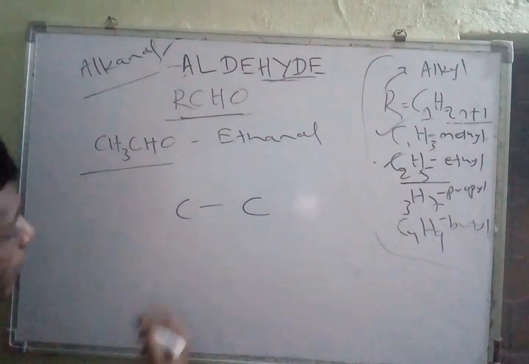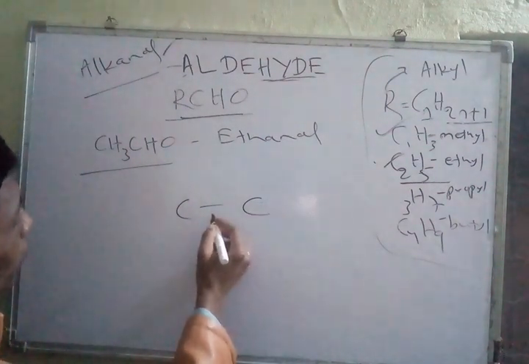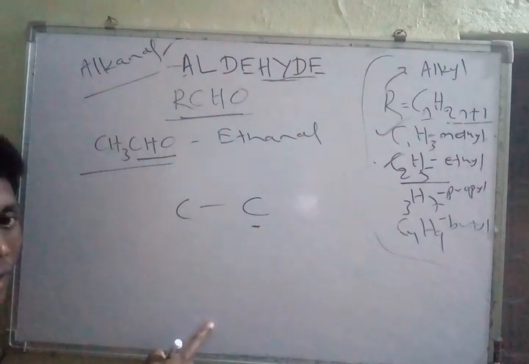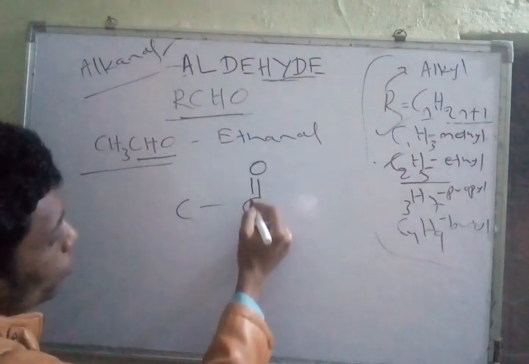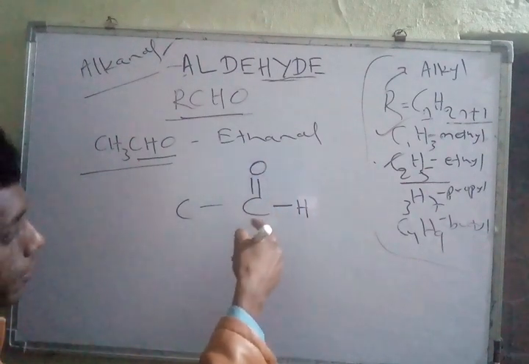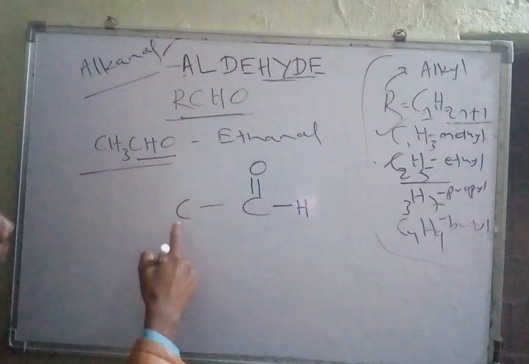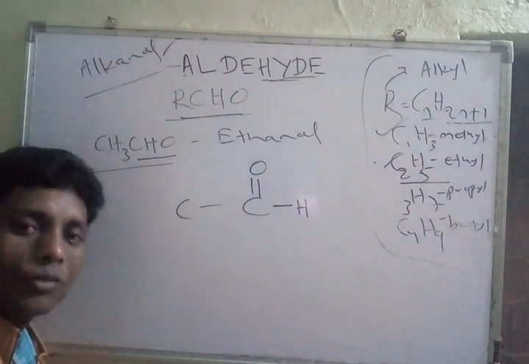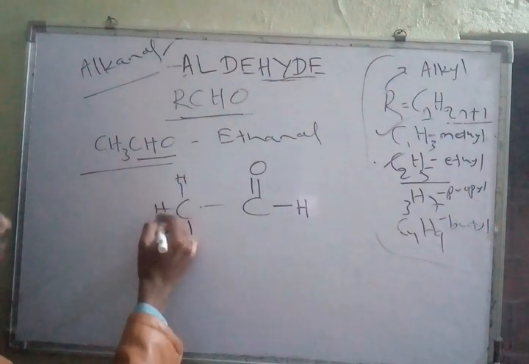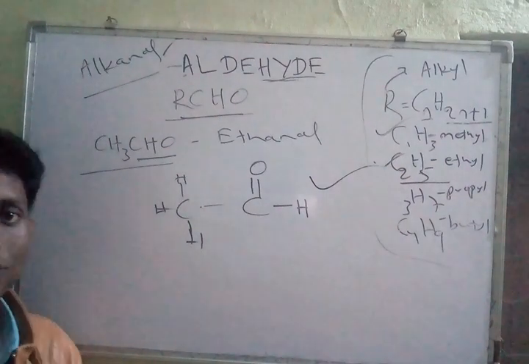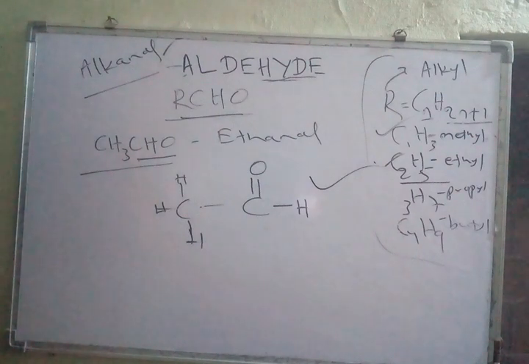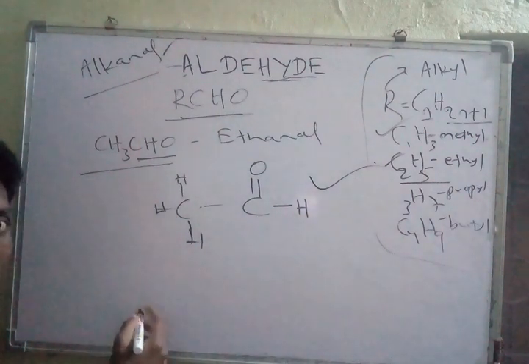In the second carbon, you have to set the functional group, that is CHO. Oxygen will take two bonds, and hydrogen will take one bond. We have set CHO in the second carbon. The carbon is tetravalent, it forms four bonds, 1, 2, 3, 4. Now put hydrogen atoms. We got the structure of the given compound, ethanal CH3CHO.